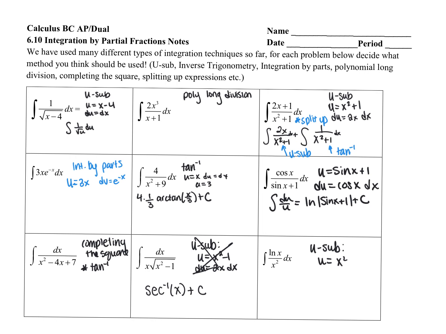Is there a 2x anywhere in there? No, there's an ln of x. So that's not really going to help us. What would be your other option for u? ln of x. If we pick ln of x for u, what would du be? 1 over x dx. That's a little bit closer.